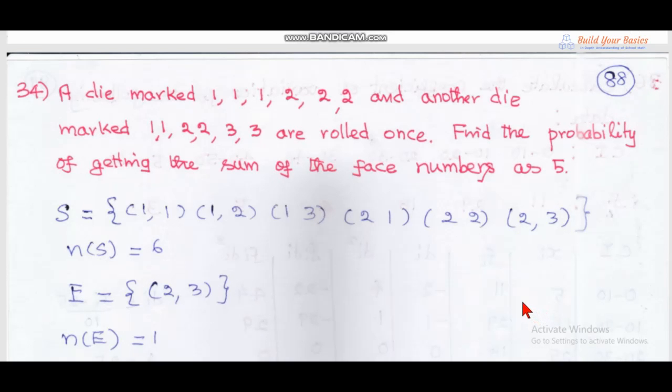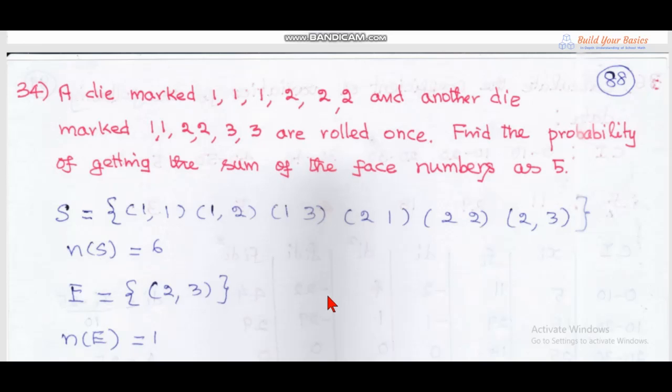Question number 34. A die marked 1 1 1, 2 2 2 and another die marked 1 1, 2 2, 3 3 are rolled once. Find the probability of getting the sum of the face numbers as 5. The numbers on the first die, only two numbers, 1 and 2. The numbers on the second die, 1, 2, 3.